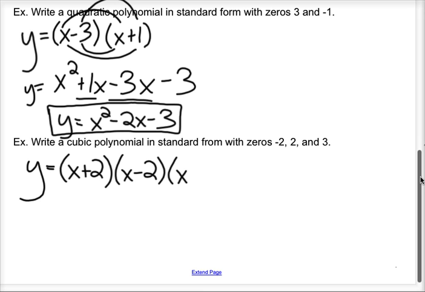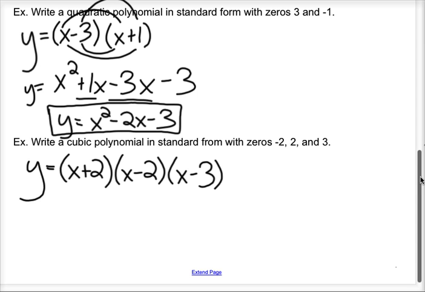To get a 0 at 3, you're going to need x minus 3. So for a cubic, we're going to have 3 factors. This means to write it in standard form, we're going to have to FOIL/distribute twice.